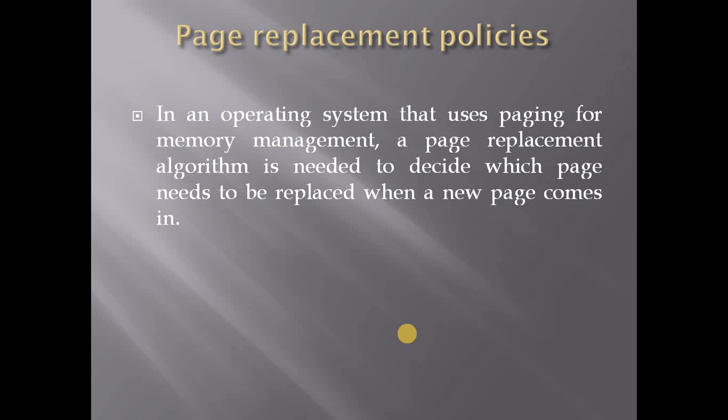Thus, instead of replacing any page, the use of pages in the memory is to be observed and a page should be replaced such that the effect on performance of the system is the least. The strategy to choose the best page to be replaced in the memory is called a page replacement algorithm.